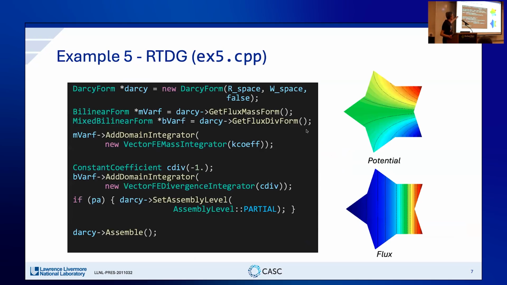In any case, the code is very simple, so it might look like this. You just construct a Darcy form, then you get the bilinear and mixed bilinear forms, and then you add some integrators like this. Optionally, you may also specify the assembly level, and then you just assemble the form.